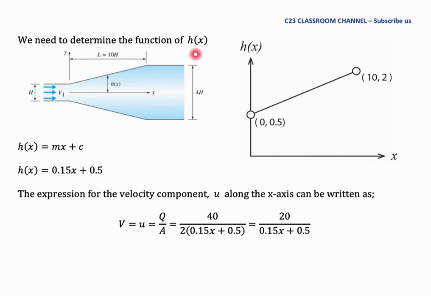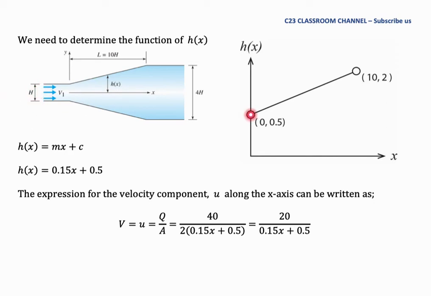To determine the function h(x), we can first draw a graph to represent the increasing of this diverging section. So we take the origin here at the midpoint, at the center point of the inlet. So we could take the coordinate for this point as x equal to 0 and y equal to 0.5, because the total height of h here is equal to 1, as given in the question.